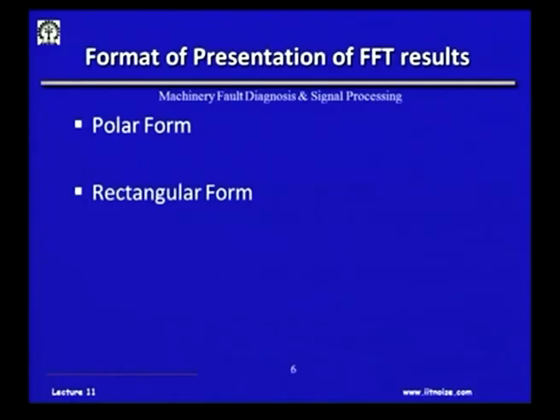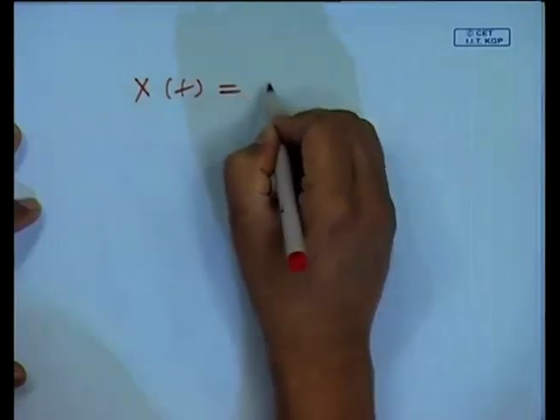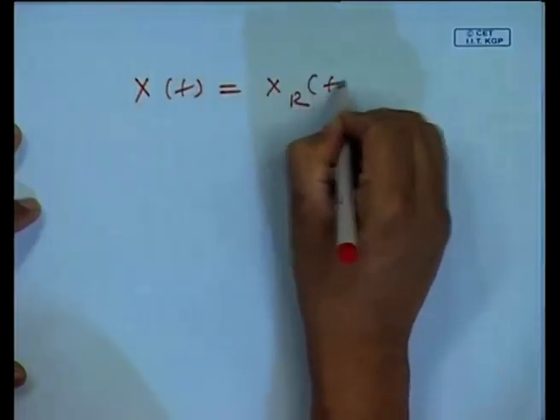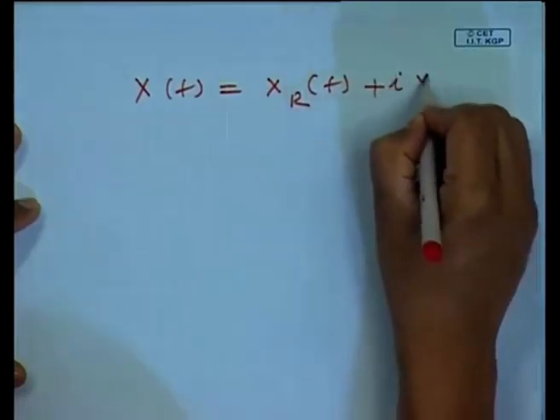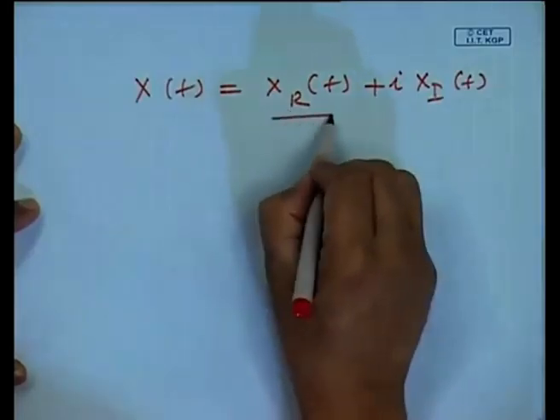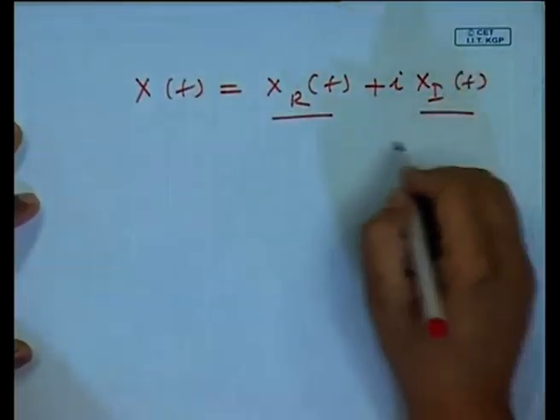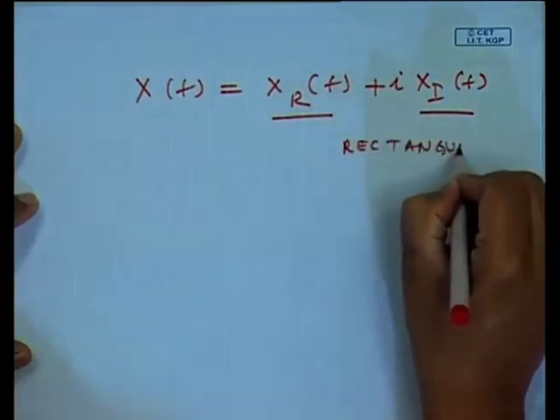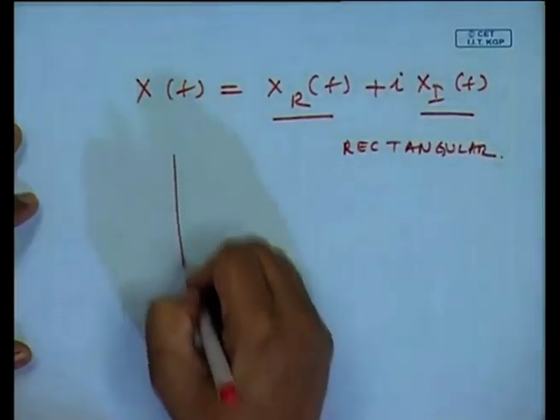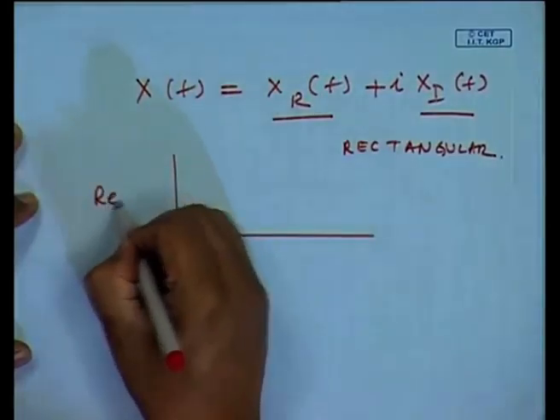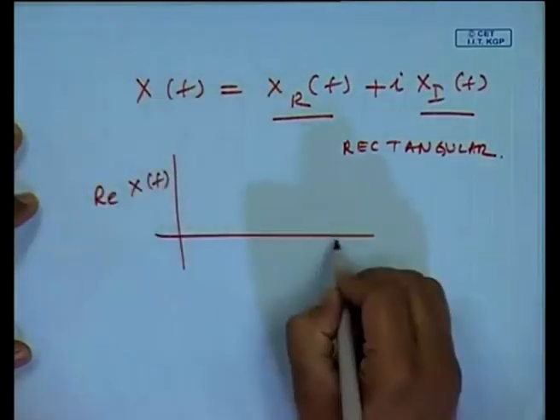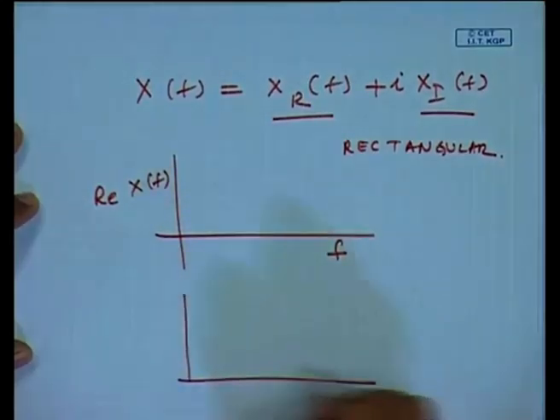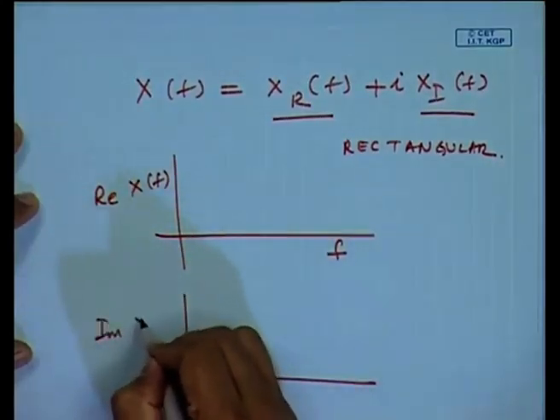Now, this FFT which we have obtained is a complex quantity, and it can be represented with the real quantity and the imaginary quantity. This is the rectangular method, so I will have the real part of X(f) and then the imaginary part.